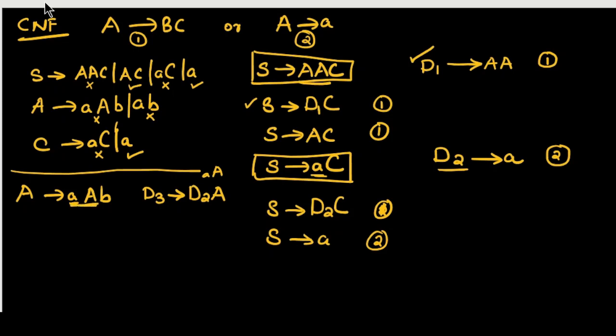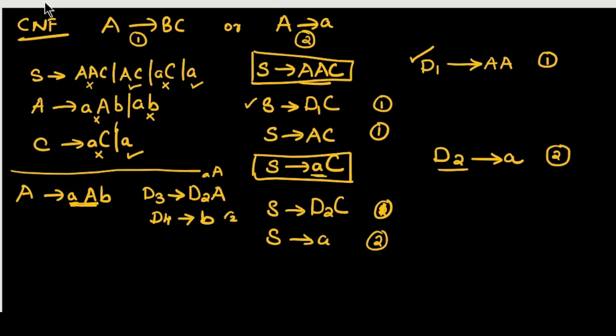Instead of this small letter a, I substituted D2, D2A, and those two variables are assigned to D3. So D3 represents aA, and I can say D4 is b.